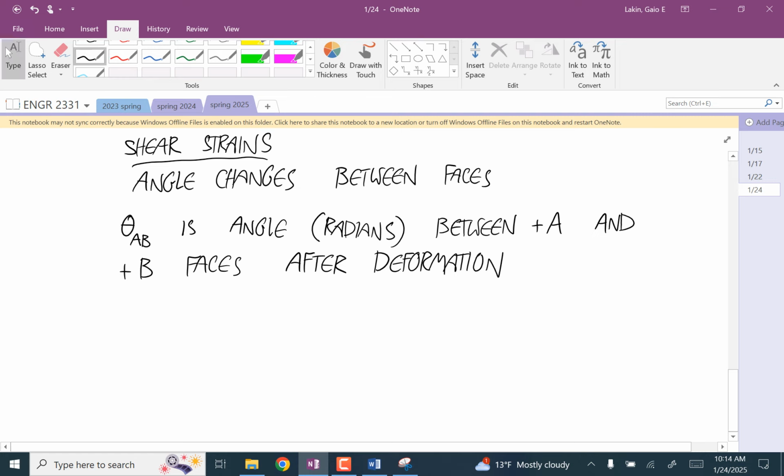We're going to name these shear strains. This is gamma. So gamma xy is pi over 2, which is the original angle between the positive x and positive y faces, minus the final angle between the positive x and positive y faces.